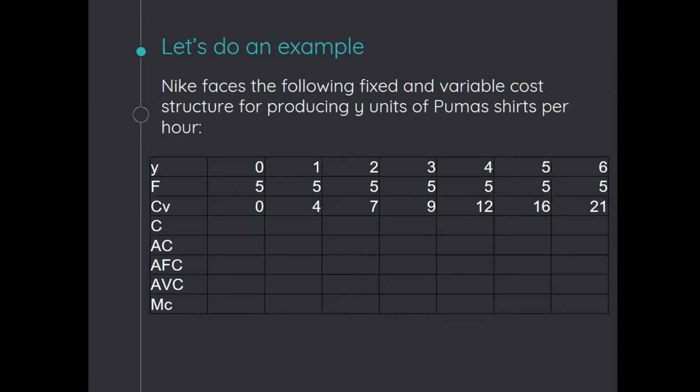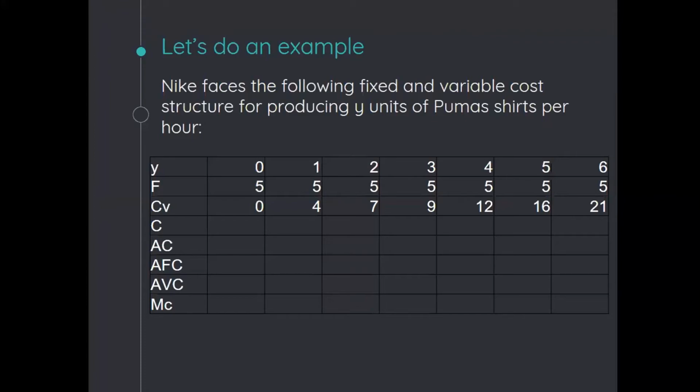the total cost. Then, once you have fixed cost, variable cost, and total cost, you can get the next three rows, the average cost group, just by grabbing the correct row. For example, the average total cost implies that you grab the total cost row and divide by the number of units being produced.